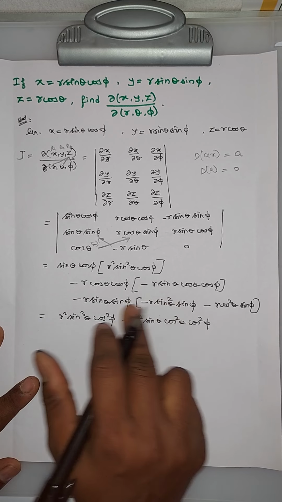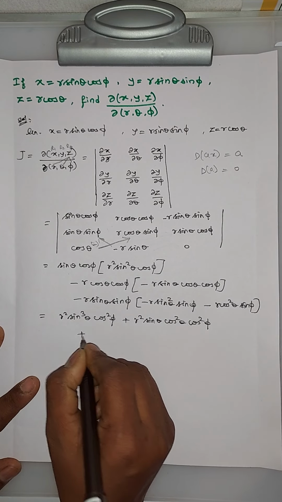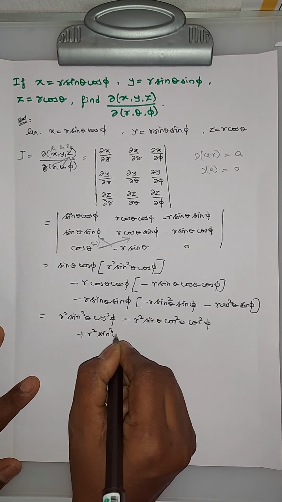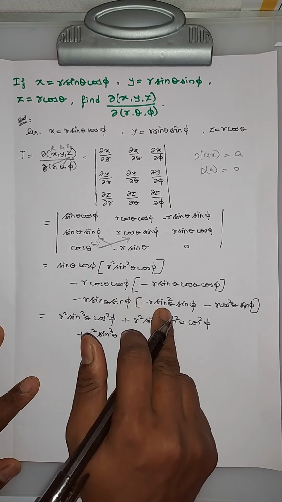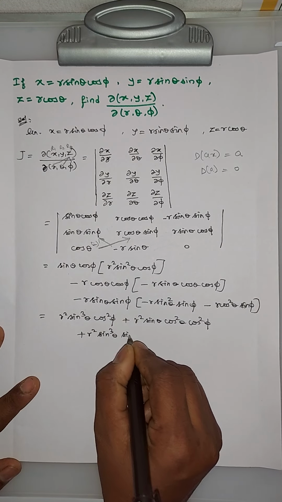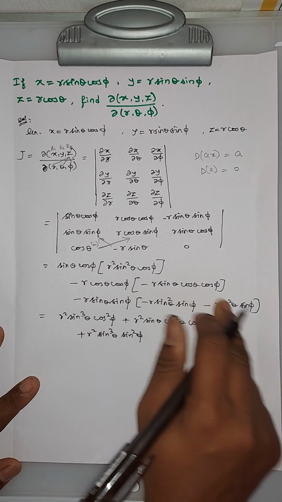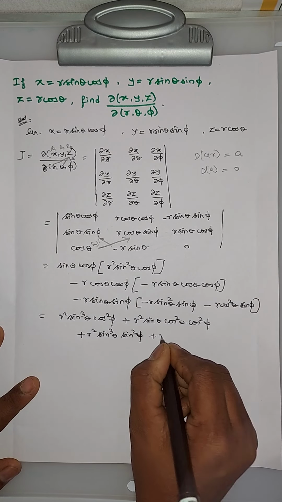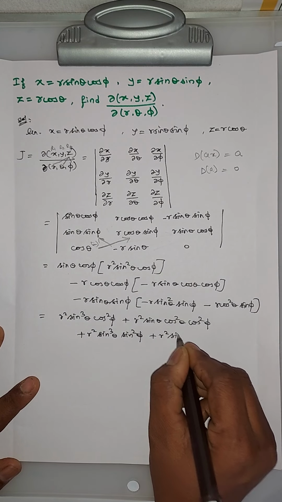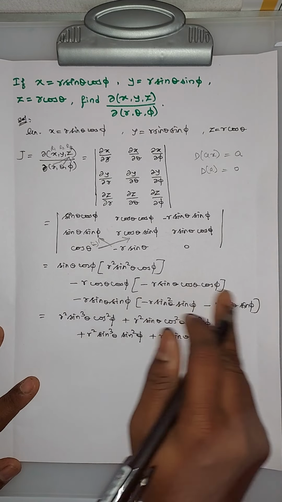Now this third term is again minus into minus plus, so plus r square sine cube theta sine square phi. Now the last term, plus r square sine theta is only one here, sine theta cos square theta sine square phi.